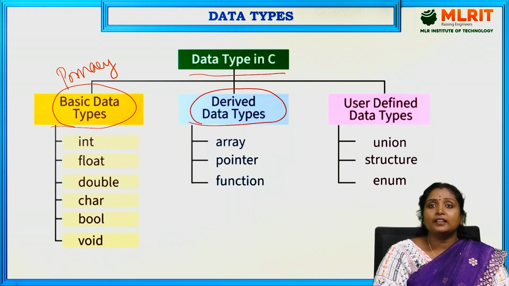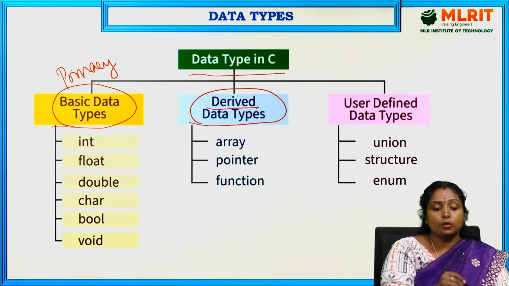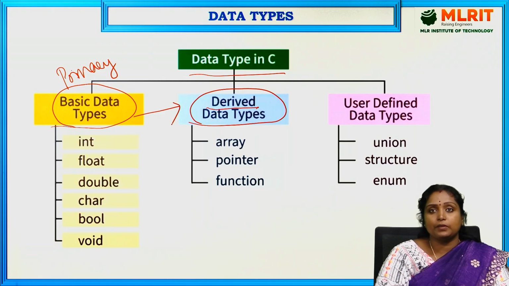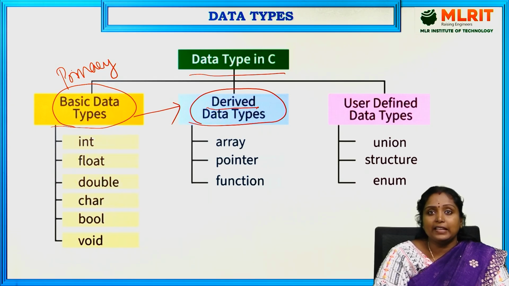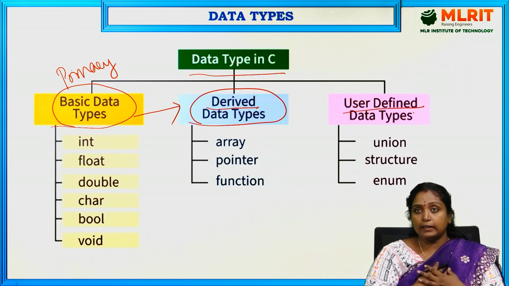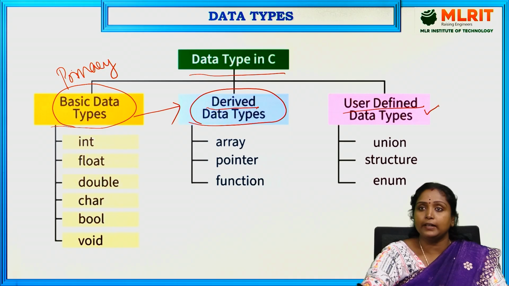As the name itself says, derived data types are derived from the basic data types. Then user defined data types: if you define your own data types, they are said to be user defined data types.